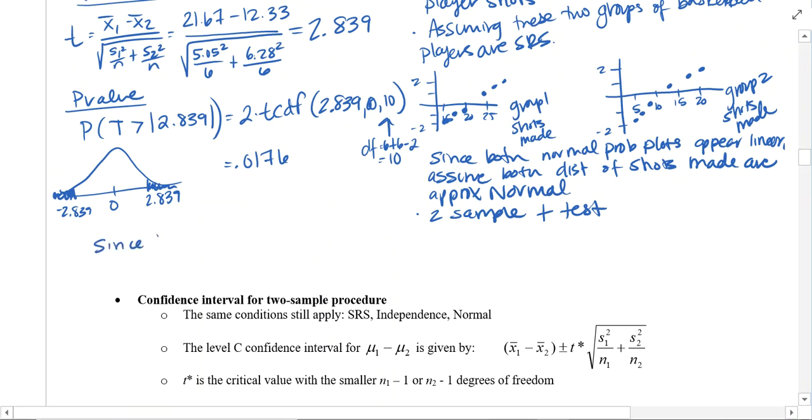So since our p-value is less than or equal to alpha 0.05, we're going to reject the null.